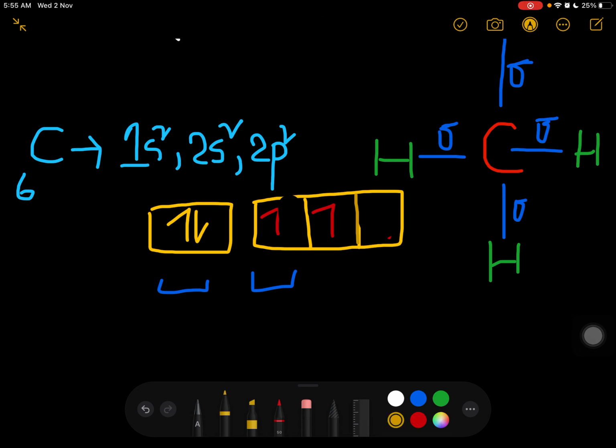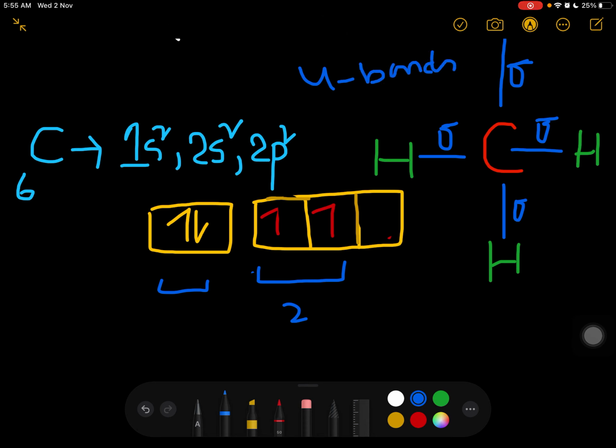What was Hund's rule? That we fill the orbitals one by one, right? So you can see there is a valency of only 2 over here, but carbon is forming 4 bonds. How is this possible?